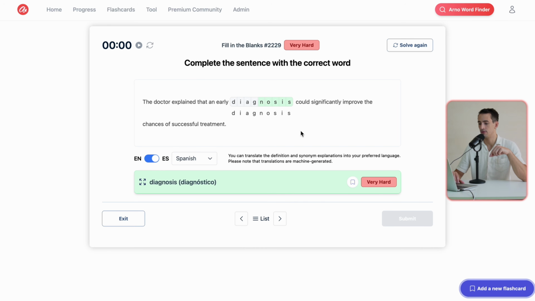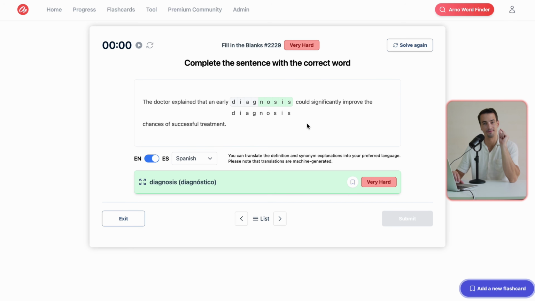So the clues here, well, one is an early diagnosis is a common phrase in English as well. So this is another example of where reading this sentence, the doctor explained that an early, and then I see D-I-A-G, and the answer pops into my brain immediately, diagnosis.